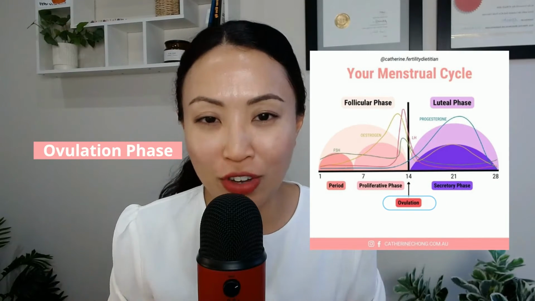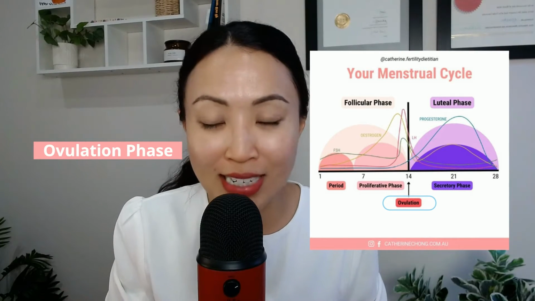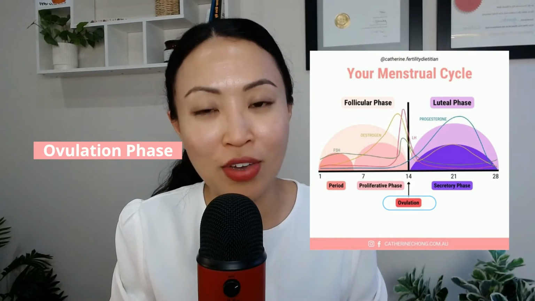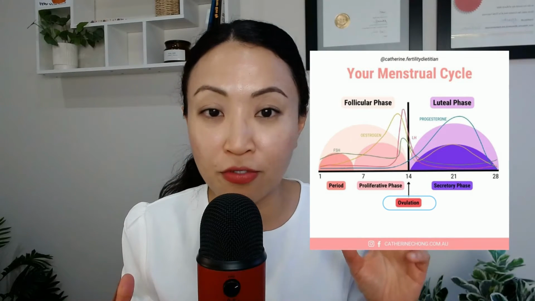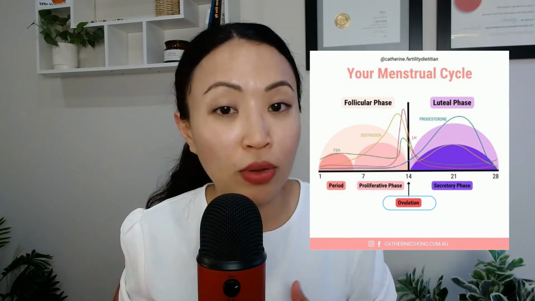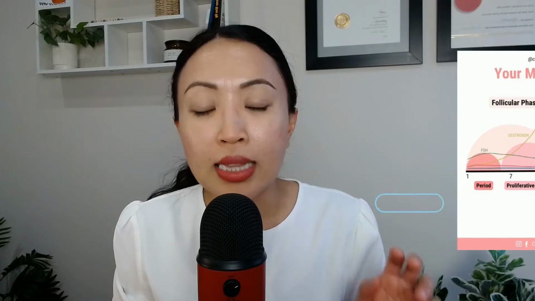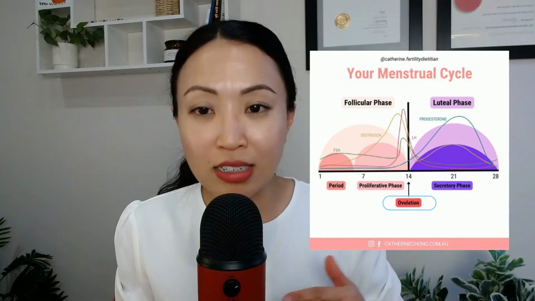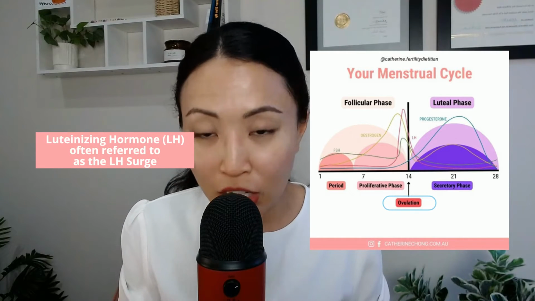All right, moving on, next, let's chat about the ovulation phase, right? This is the biggest event of your menstrual cycle, especially if you're trying to conceive. During ovulation, the dominant follicle we talked about earlier, the one that developed in the follicular phase, will release a matured egg, right? This is usually triggered by a sudden spike of luteinizing hormone, also known as LH.